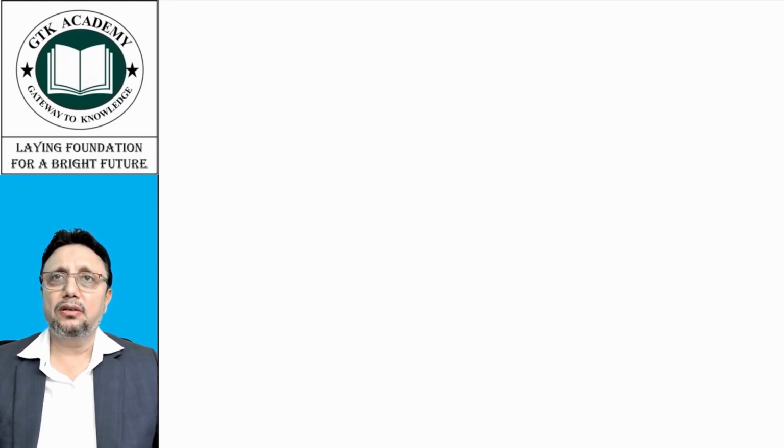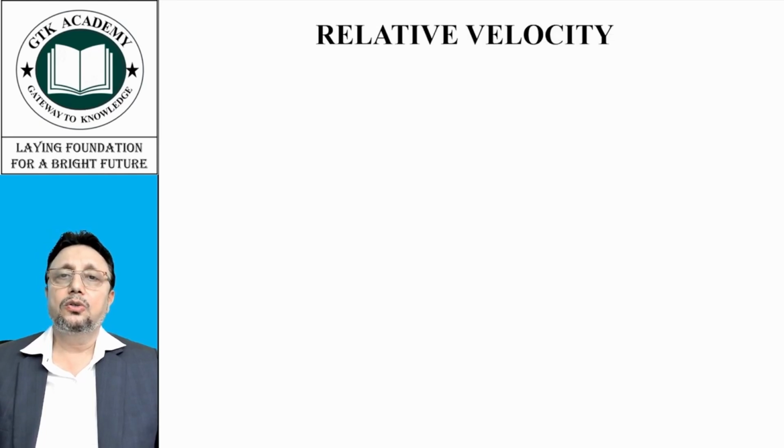It makes things a bit complex, but if we stick to basics and know the basic principle of how to solve these problems, and have a basic concept of relative velocity, then we can simplify all the problems and they can be solved very easily. So it is imperative that we have a proper concept of relative velocity. So what is relative velocity?